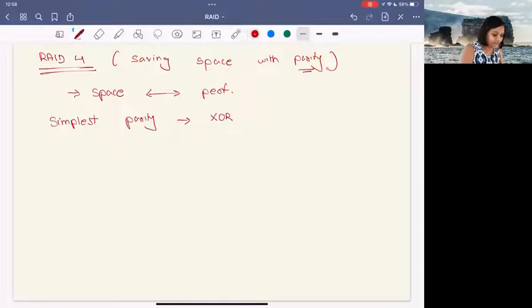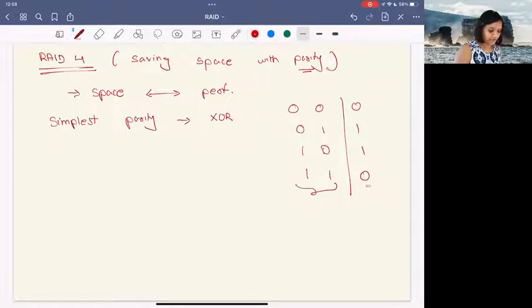Basically, if we write the table for the XOR gate: 0,0 gives 0; 0,1 gives 1; 1,0 gives 1; 1,1 gives 0. That's the XOR gate table. If we have two ones, that leads to 0. Any two similar digits always lead to 0. Any two different digits lead to 1.